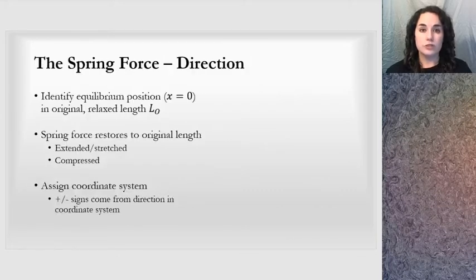The direction of the spring force may be intuitive based on the concept of elasticity. It'll be a force that restores the spring to its original shape. In order to do that, we need to identify what the original shape was, and this has to do with identifying an equilibrium position, or where the relaxed length L0 is.